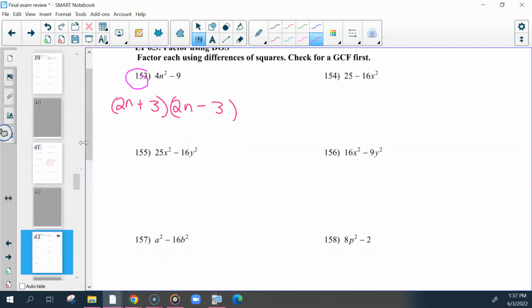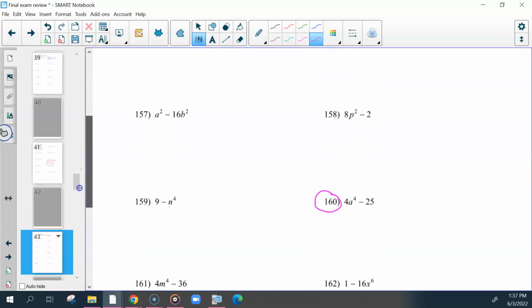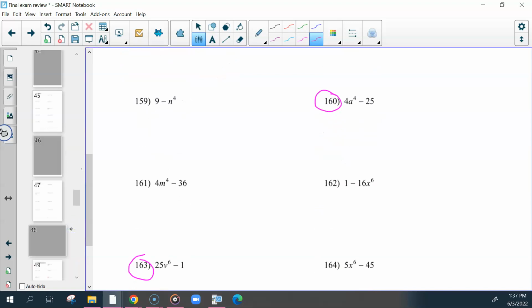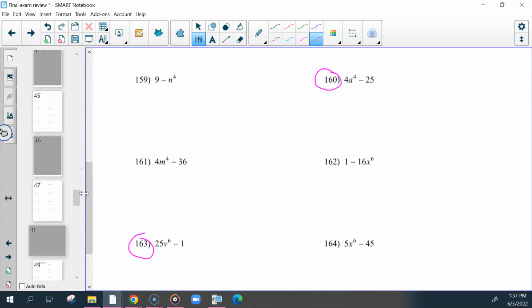Questions on that one? For 160, this is the same thing. You will still have two factors.